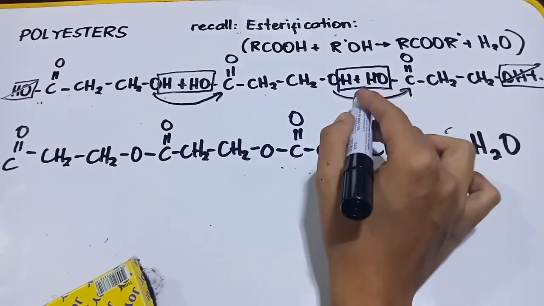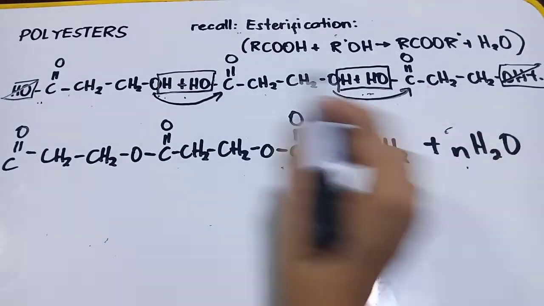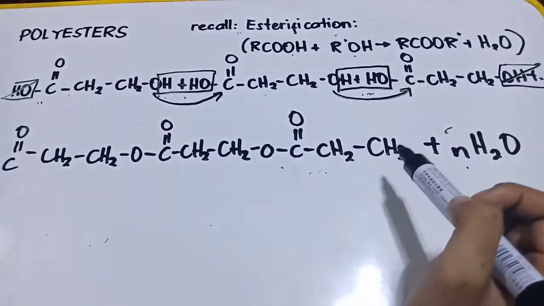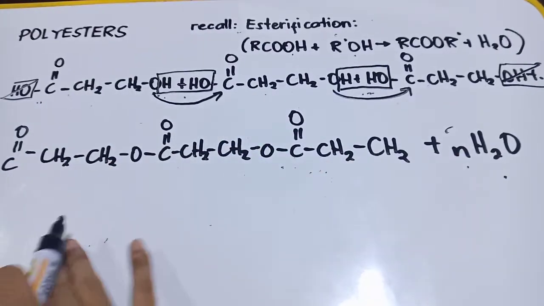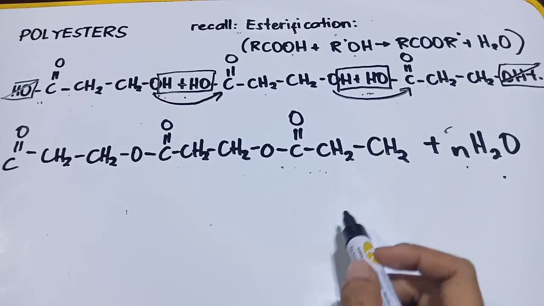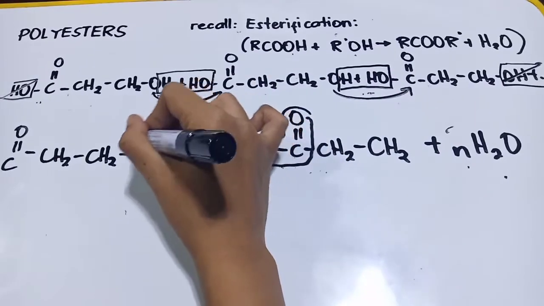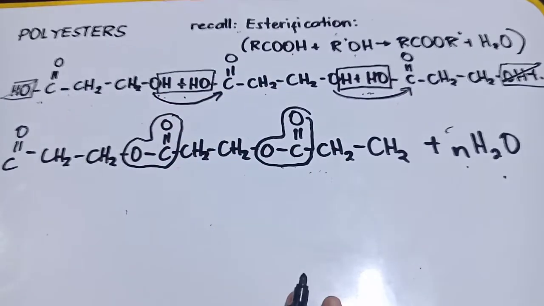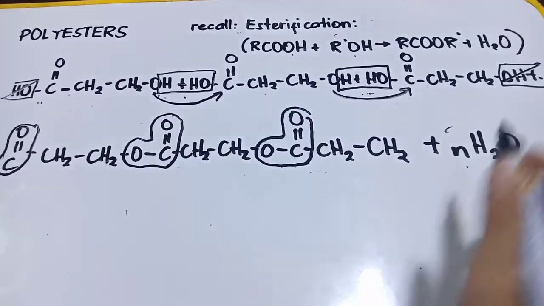Plus the water that we formed from the ester linkages, formed from the carboxyl and hydroxyl group. Now this is our product. The next thing we need to do is to find the ester linkages. This is the ester linkage. Okay, these are potential ester linkages.